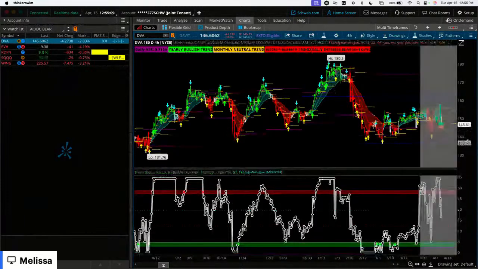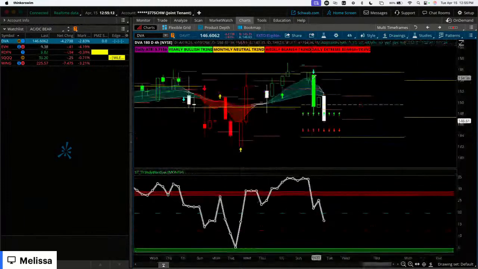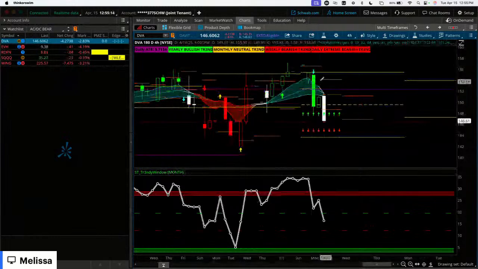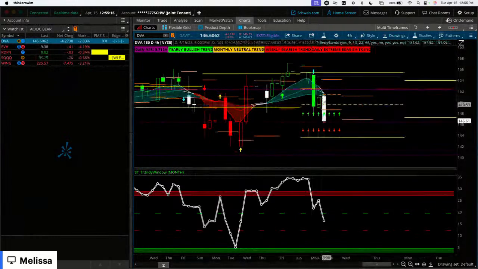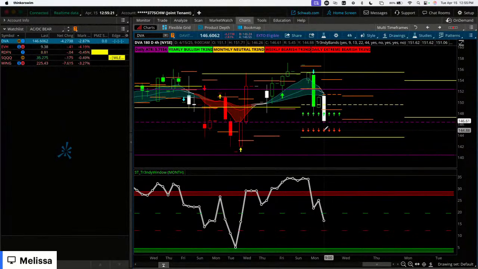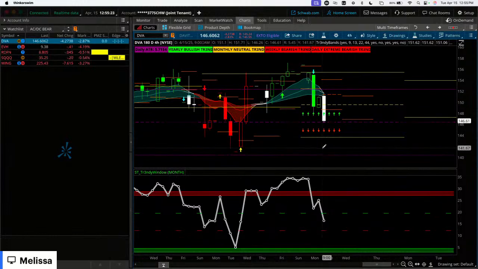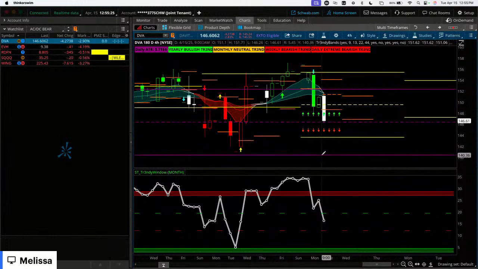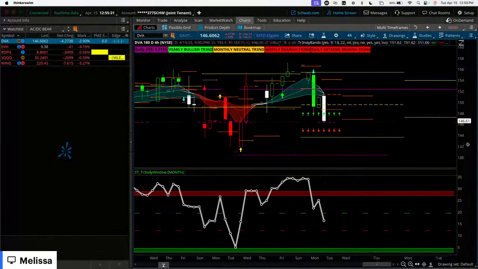So the ACDC bear trade is just the opposite. Price is coming from above as it pushes through the accelerator arrows. You're looking to go short, trimming at the accelerator arrows and targeting the lower monthly edge. That is an ACDC bear trade.